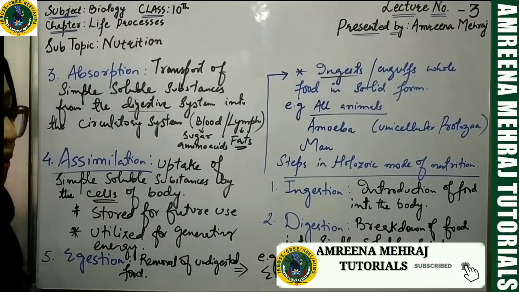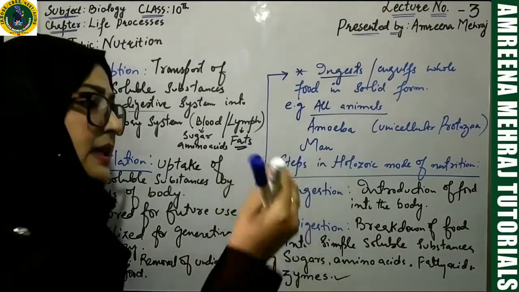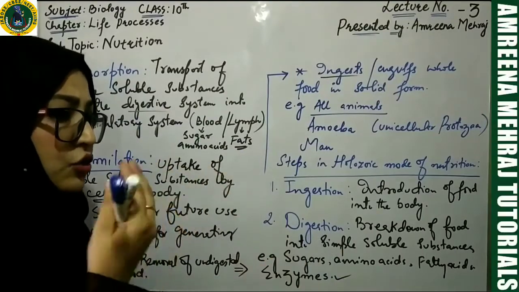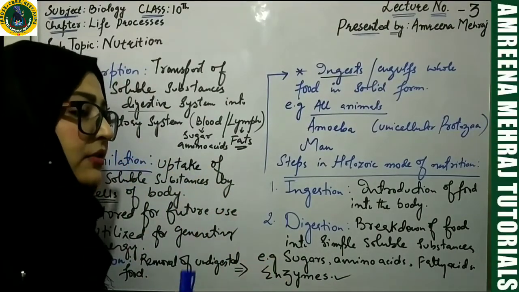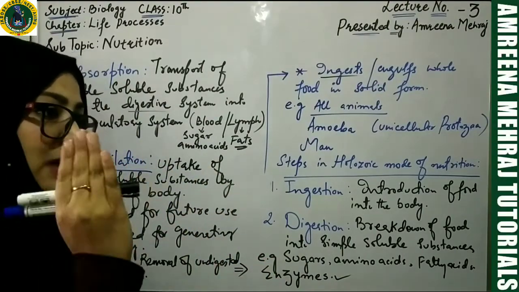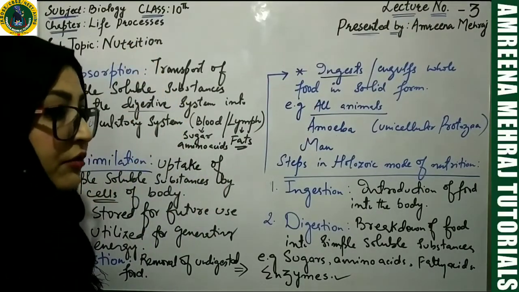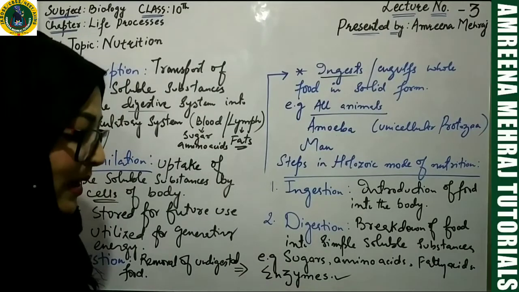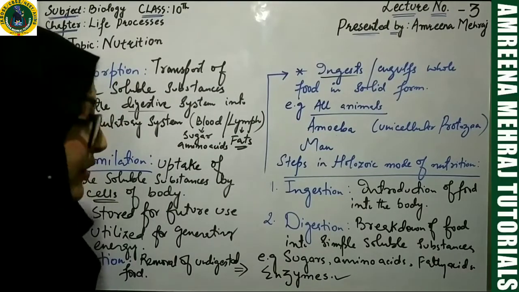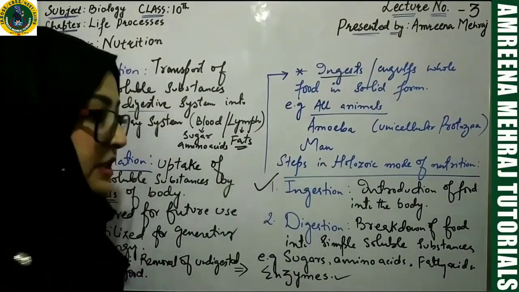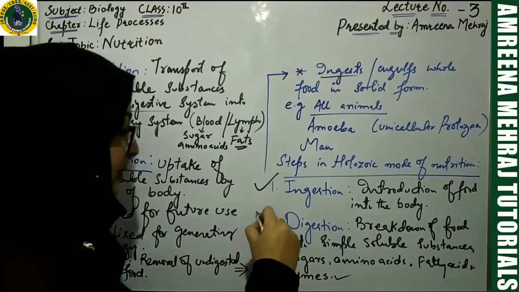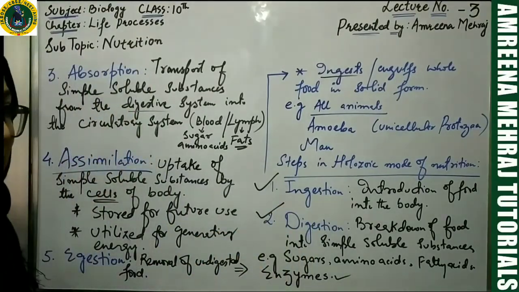So Holozoic mode of nutrition is undoubtedly the uptake or ingestion of solid food and then getting the energy and the nutrients from that solid food. The different steps involved are as follows. First, you have to introduce the food into the body, that is ingestion. Then you have to break the complex food into simple substances, that is digestion.